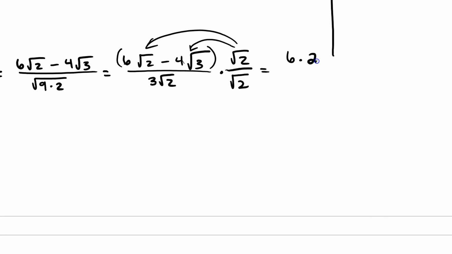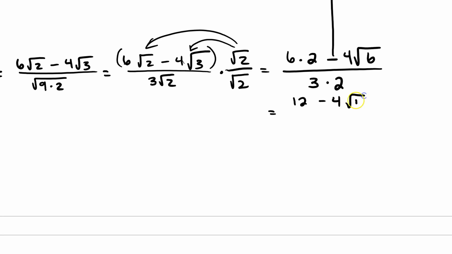So 6 times 2 minus 4 times the square root of 6, all over 3 times root 2 times root 2, which is 2. So that becomes (12 minus 4 root 6) over 6.